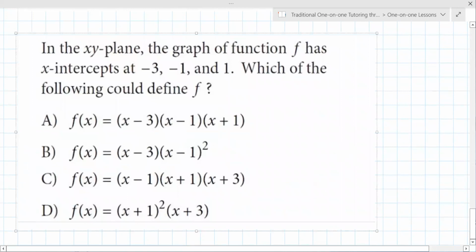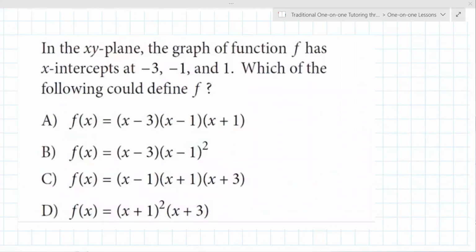All right, go ahead and take a look at this question and see what you come up with, please. Is it letter C? Yes. Very good.